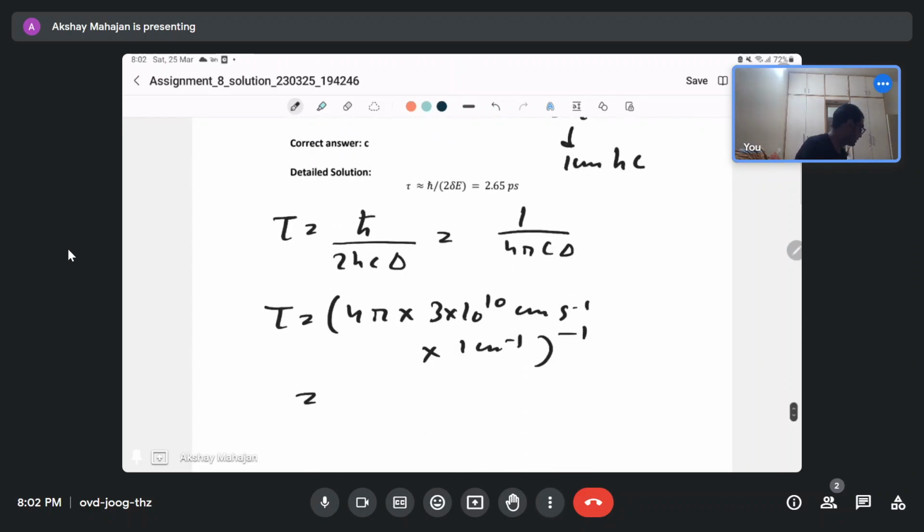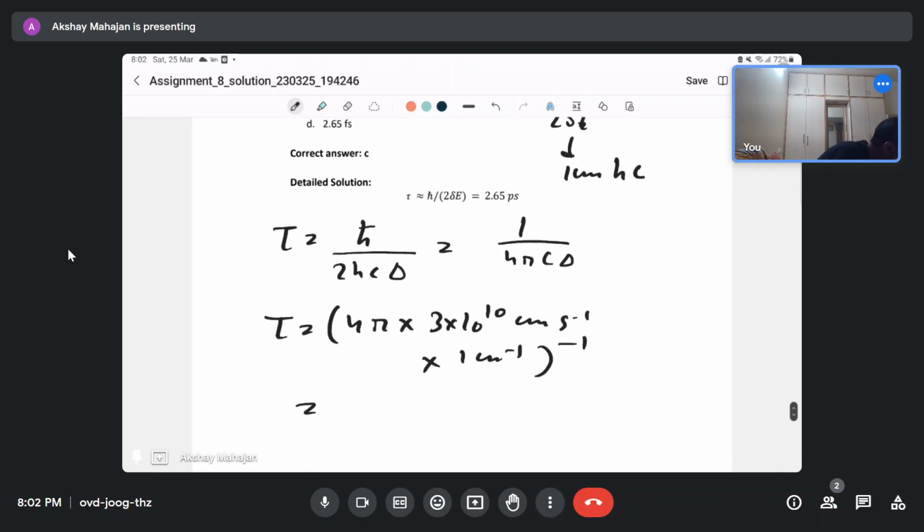Let me just calculate this. So we will get something like 2.65.